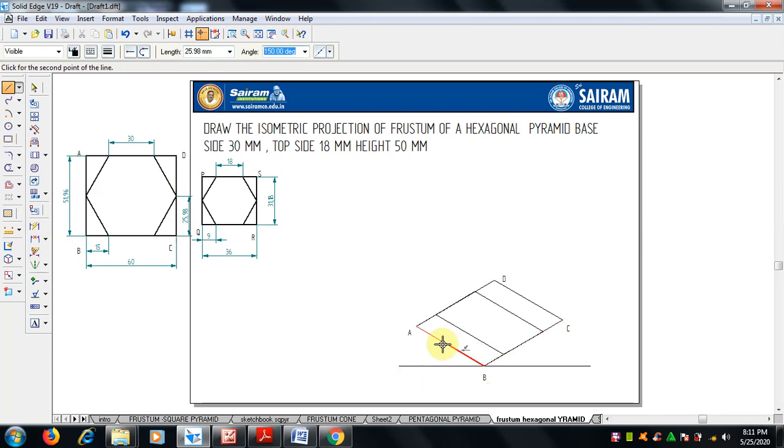Okay, this is a 150 degree angle. Alright, and like this we'll draw from this corner C to D. Here C to this 25.98. So here again 25.98 you draw at an angle of 150 degree, right?